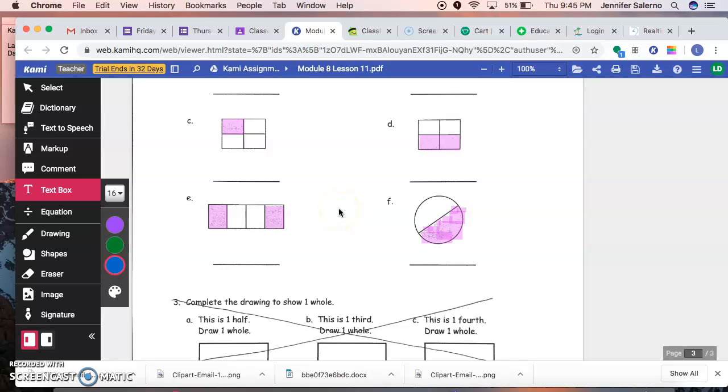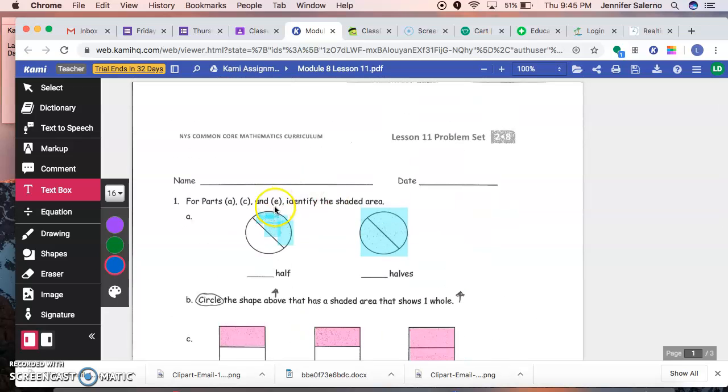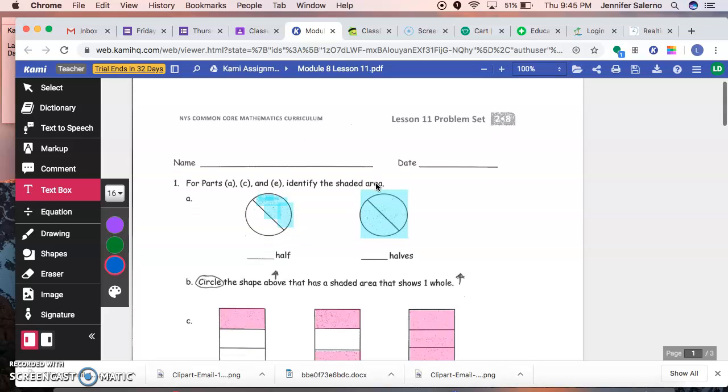If we were doing it in the classroom, you would have seen it. But because we had to do it on here, when I uploaded it, it didn't come off colored, so I just had to recolor it for you. They should be colored because you are now going to be identifying fractions by looking at the shape and what is shaded, okay?